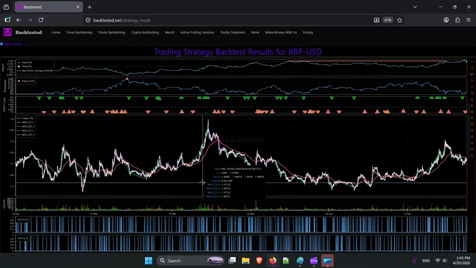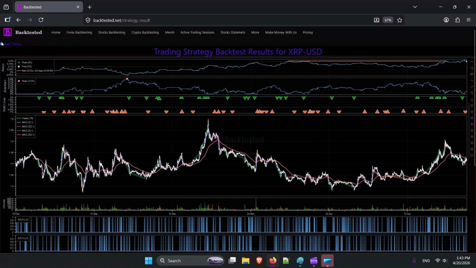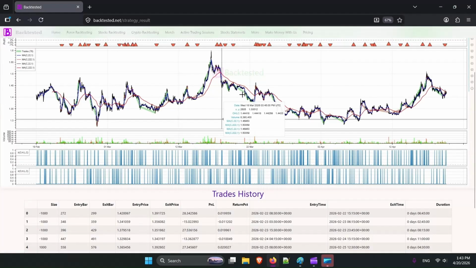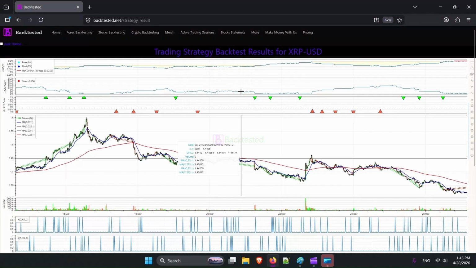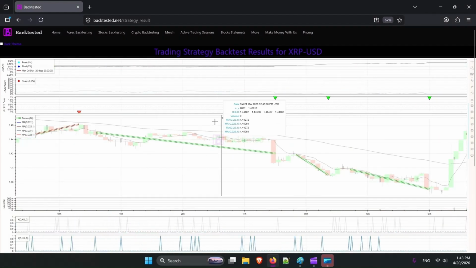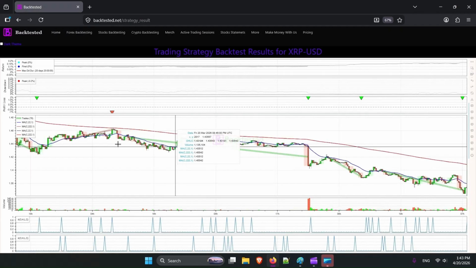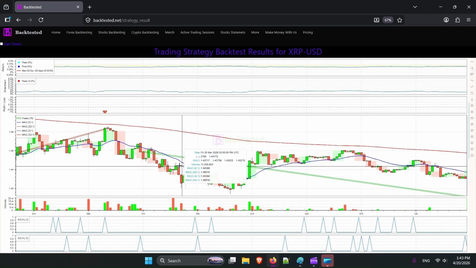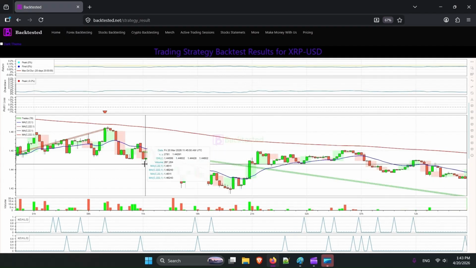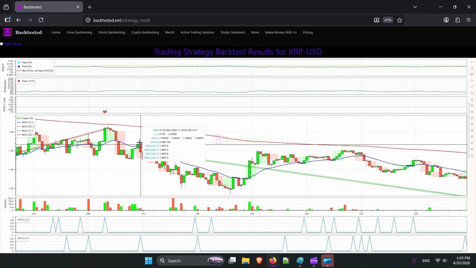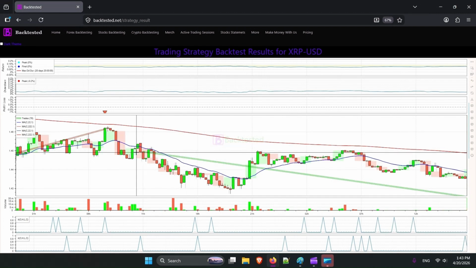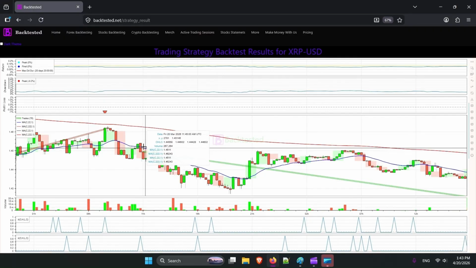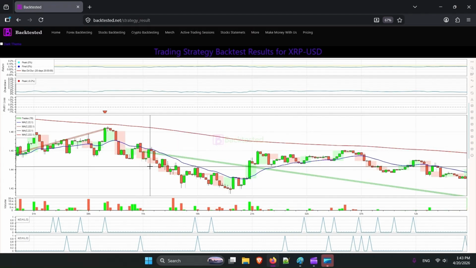Okay, this is the chart. So as you can see here, this is the bearish engulfing, and it's below the fast EMA, which is the EMA 22, and this is the slow EMA.